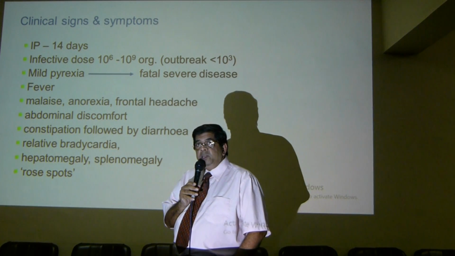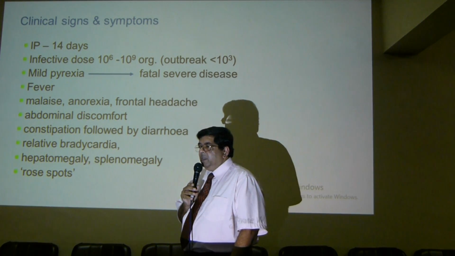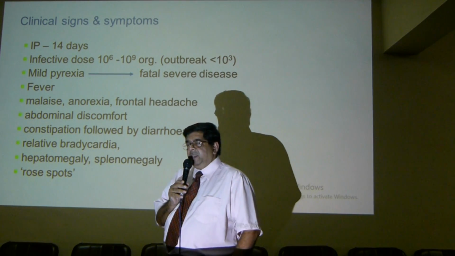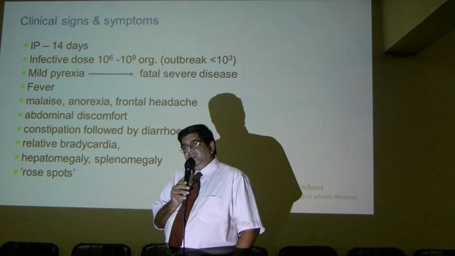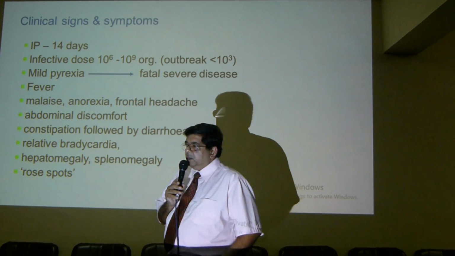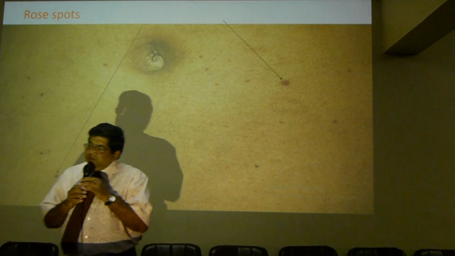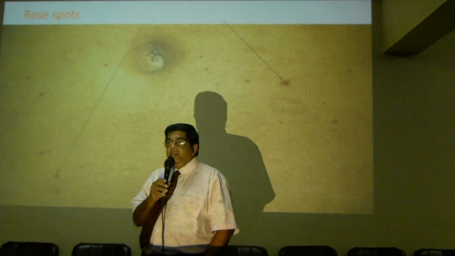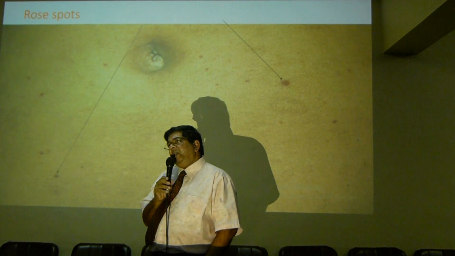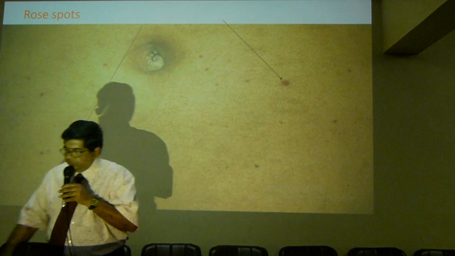and that is why we call it relative bradycardia. Hepatomegaly and splenomegaly are important features that we should elicit, and rose spots are there in the skin, and in white-skinned people it is more obviously seen, as we can show these tiny pink patches where we can actually isolate the organism from those sites as well.